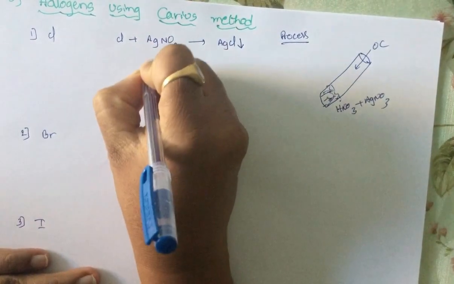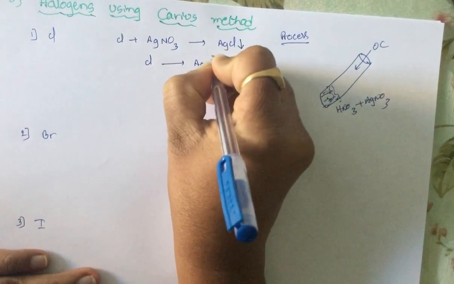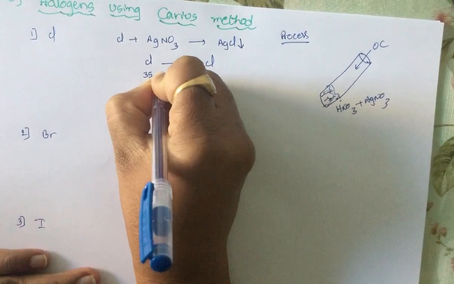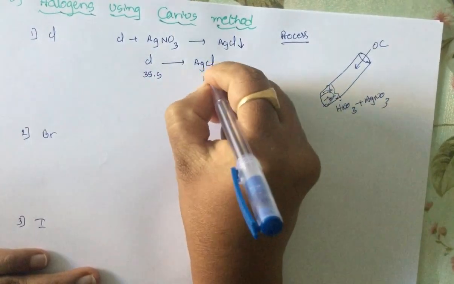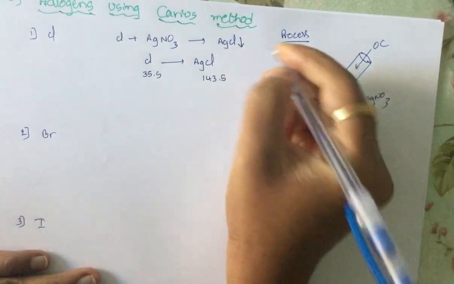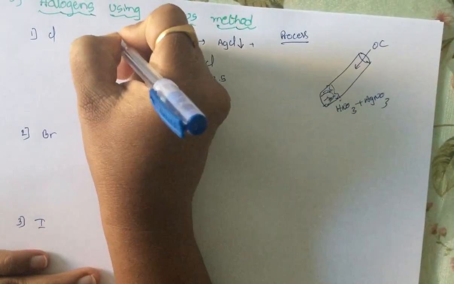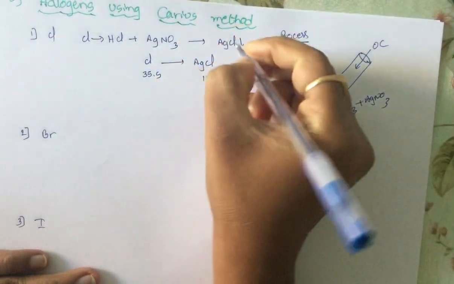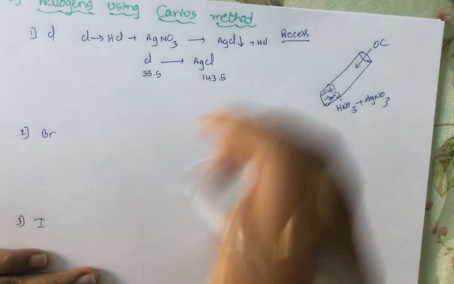Here chlorine is converting to silver chloride. We know the chlorine atomic weight is 35.5 and silver chloride is 143.5. It first converts into HCl when treated with HNO3, which then reacts further.